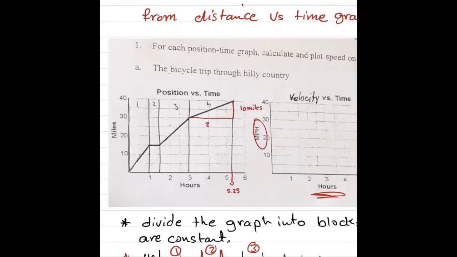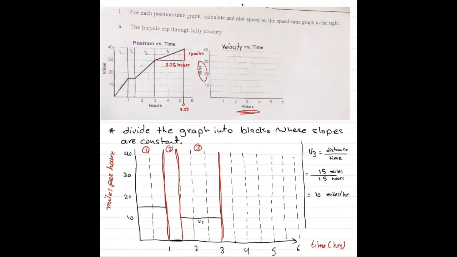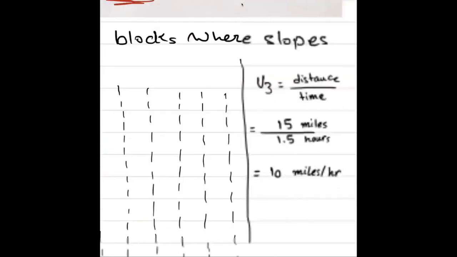So that's 2.25 hours. We can move a little bit faster with the explanation right now. Take those two numbers, divide them, and we should get the velocity that we want for block 4.